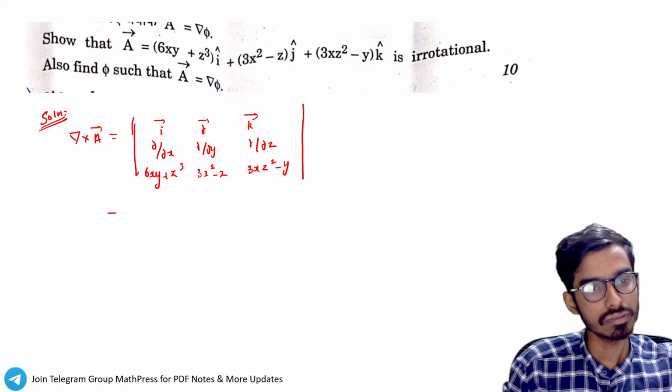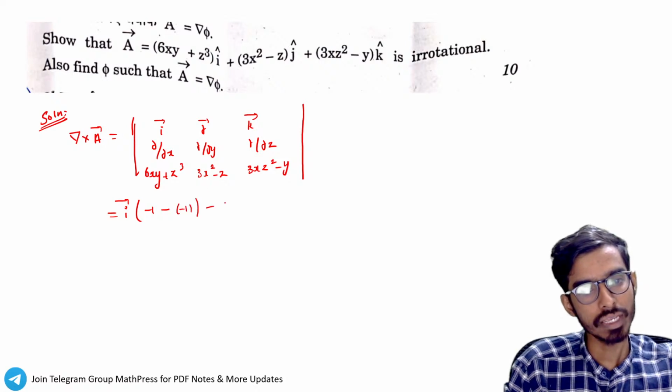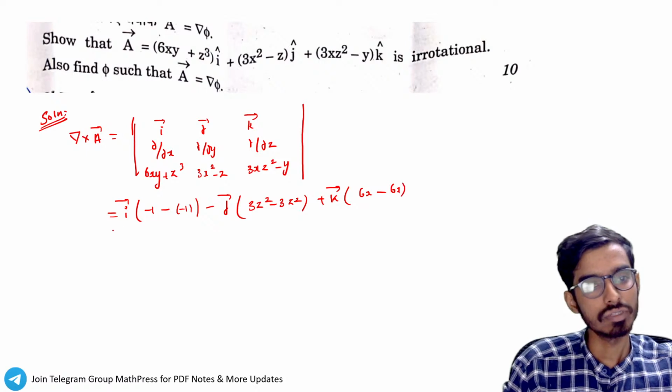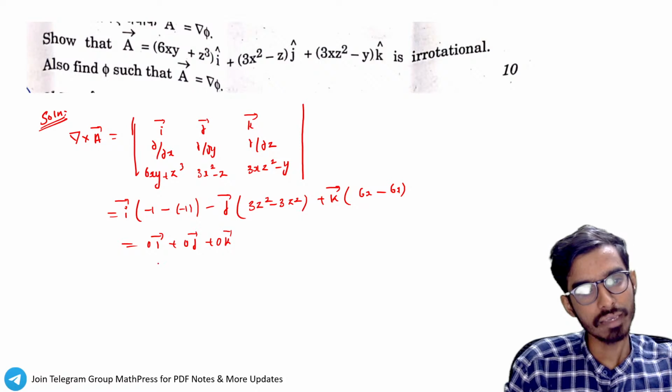Expanding this, the i vector will be dou by dou y gives -1 minus dou by dou z gives -1 again; minus j into dou by dou x gives 3z square, dou by dou z gives again 3z square; plus k into dou by dou x gives 6x minus dou by dou y gives again 6x. So this will be 0i plus 0j plus 0k, which is 0. Therefore, it is irrotational.